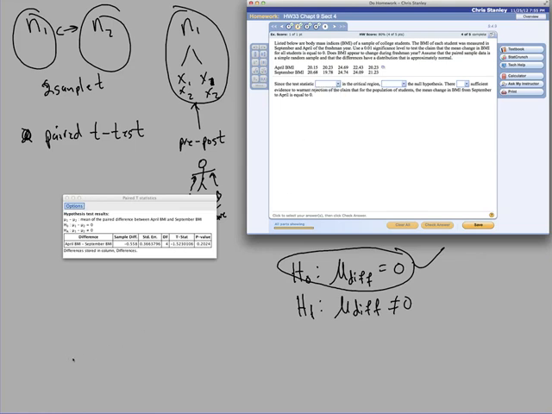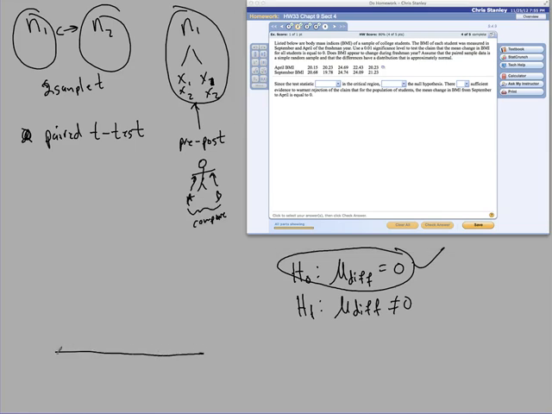Okay, so let me talk about what it means to not fall. So we have this 0. Okay? Here's our critical values. We didn't find them, but if it falls anywhere in this range right here, then we didn't find evidence of a difference.